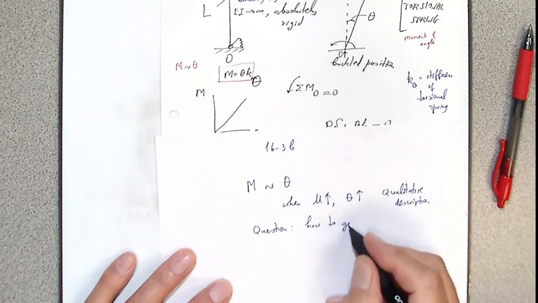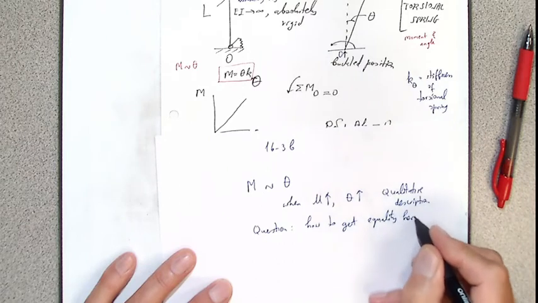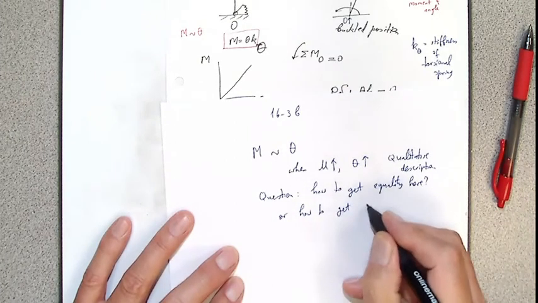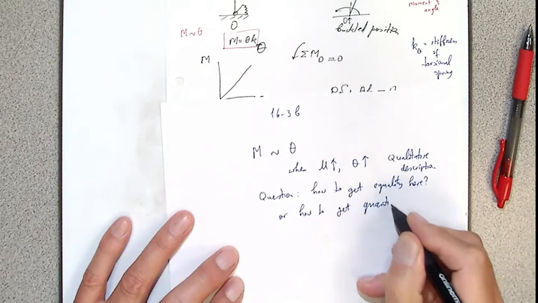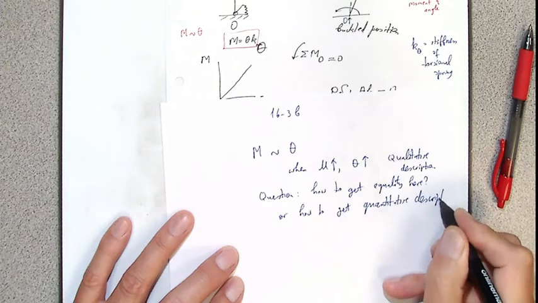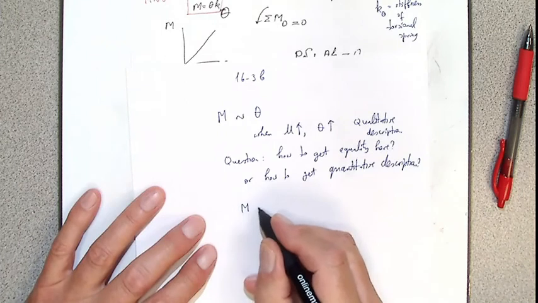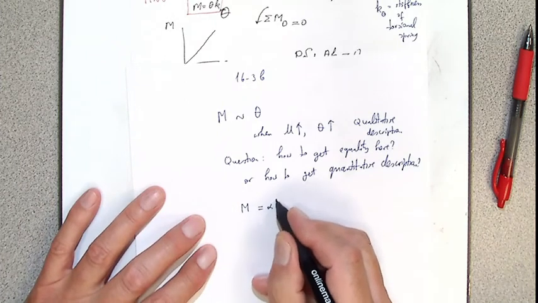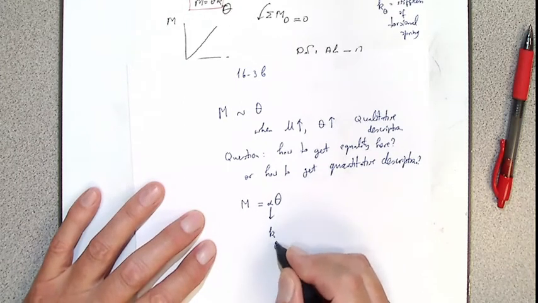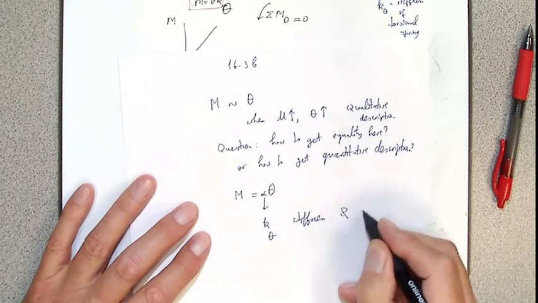How to get a quantitative description? Then we have some coefficient. Moment should equal some coefficient times theta. So this coefficient is called K theta. Okay? Stiffness. And it can be measured.